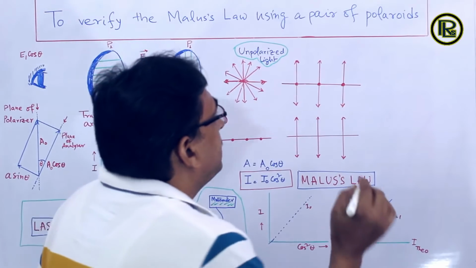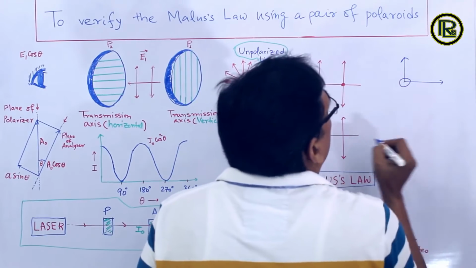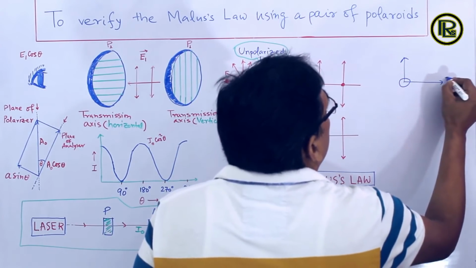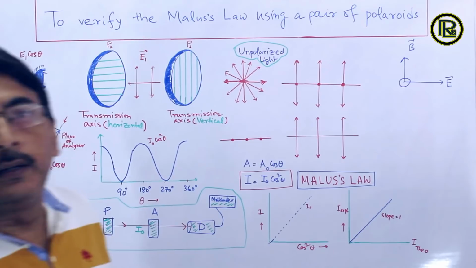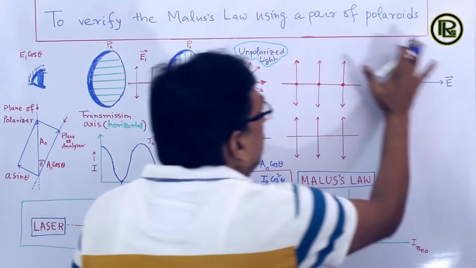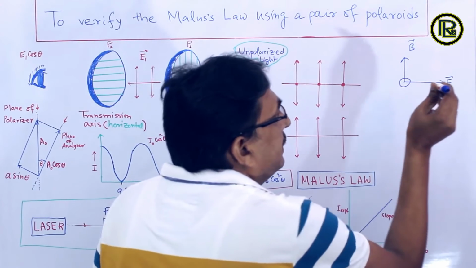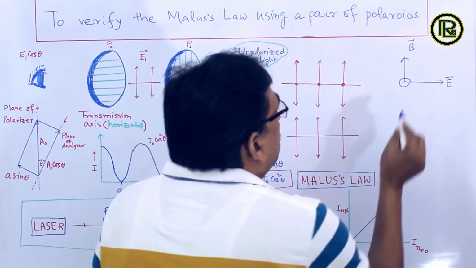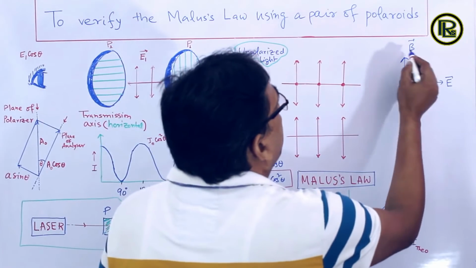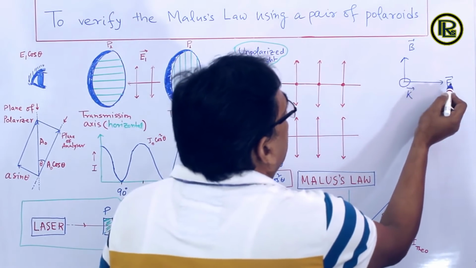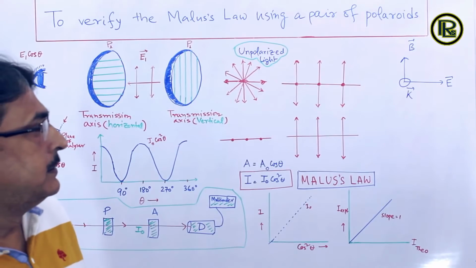So all these lights have E field, electric field, and magnetic field perpendicular to each other in the plane of the board, while the light is moving in this direction. So the propagation vector k is perpendicular to both the electric and magnetic field, and the electric and magnetic field are also mutually perpendicular to each other.